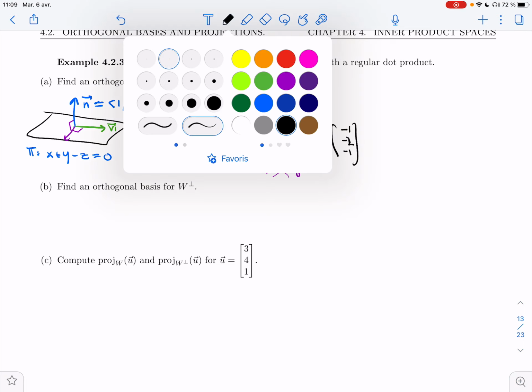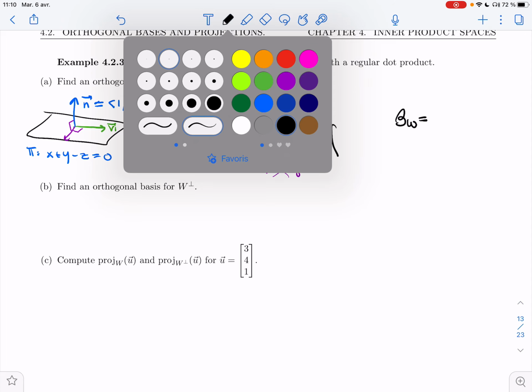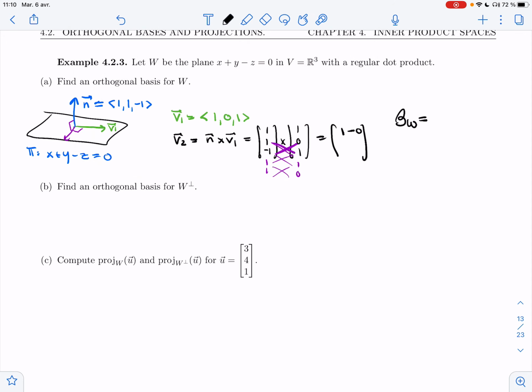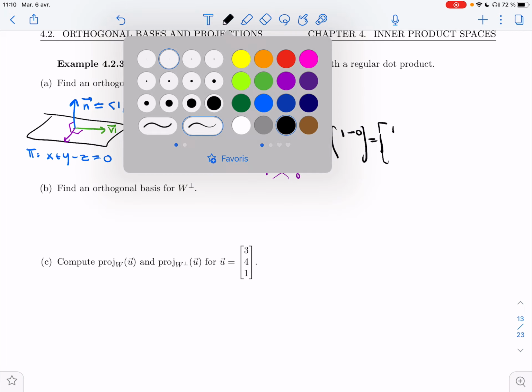All right, so my basis for W, wait, let me recompute all of these. I don't know what I did. All right, so first one is this one. I get 1 minus 0, I get 1. Second one is this one. I get minus 1, I get minus 2.